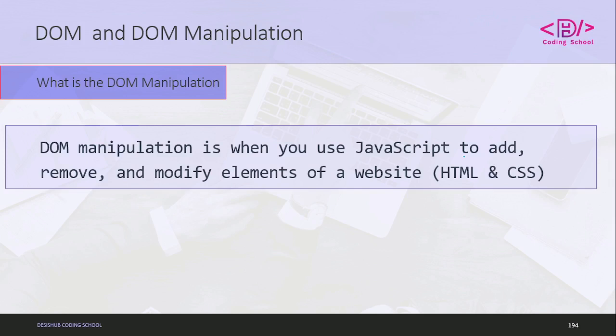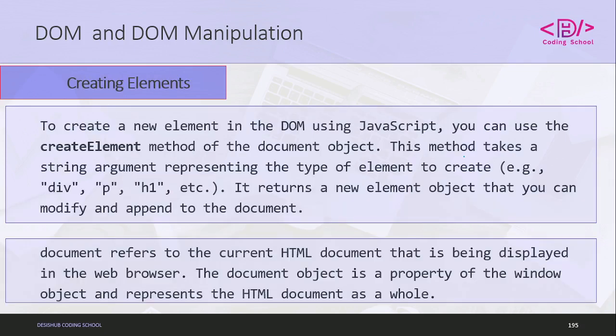DOM manipulation is when you use JavaScript to add, remove, and modify elements in the HTML and CSS. In other words, the website, because HTML and CSS make your website. With JavaScript, it is with superpowers. So DOM manipulation is just trying to modify elements the way we want them, to add that interaction that we have been talking about all the time.